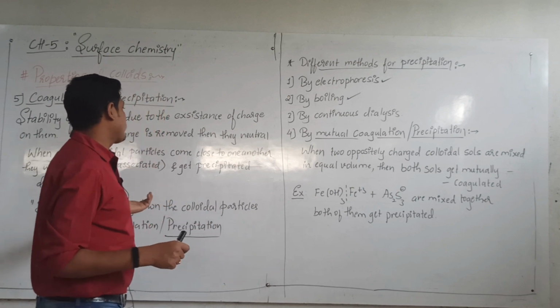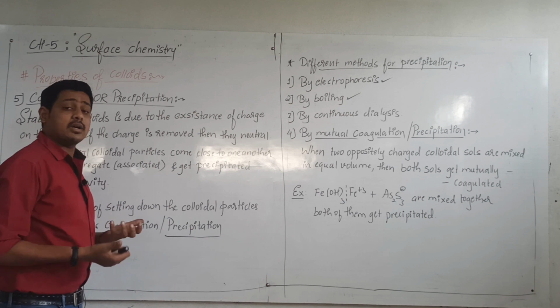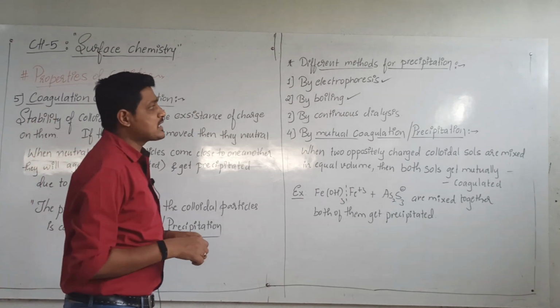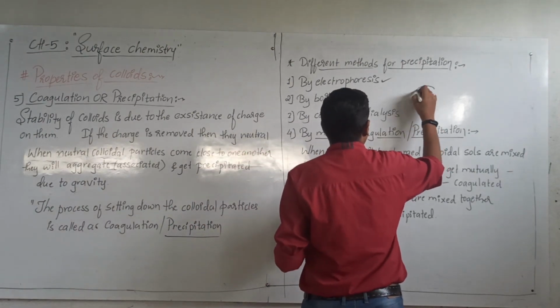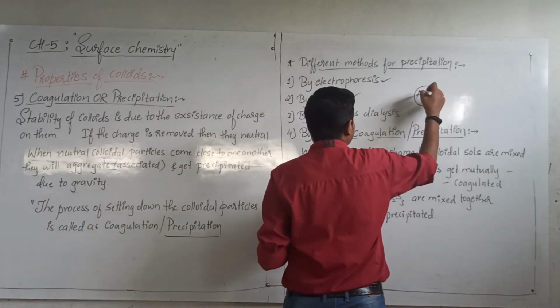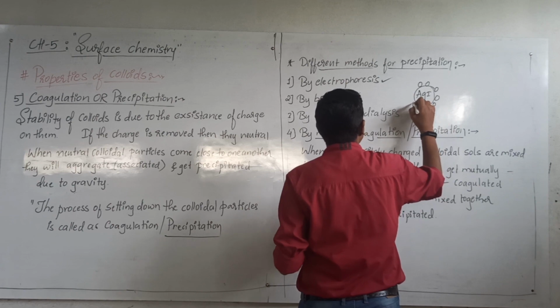We already know that the charge present on the colloidal particles is due to the dispersed phase particle. Say this is AgI. This dispersed phase particle is carrying certain charge because it has adsorbed certain charge on it.